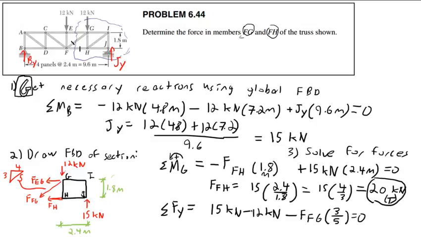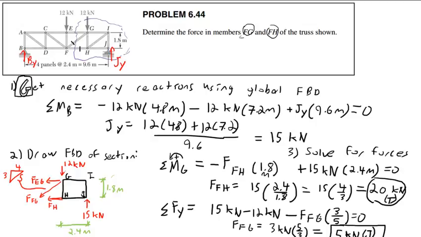So this is then 3, positive 3, negative 3, positive 3. So FFG equals 3 kilonewtons times 5 over 3, or just 5 kilonewtons. Also tension. And that's the other answer.